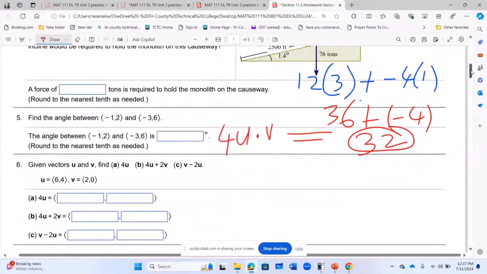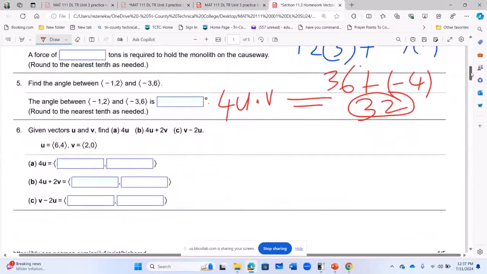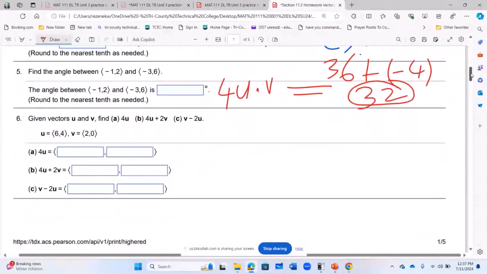All right, so we are doing the addition and subtraction of vectors for now. So this is number 6. I think that's the next one to do. I'm given vector u and vector v. Find 4u. The same way we did the other one, 4u is something with a 4 outside.